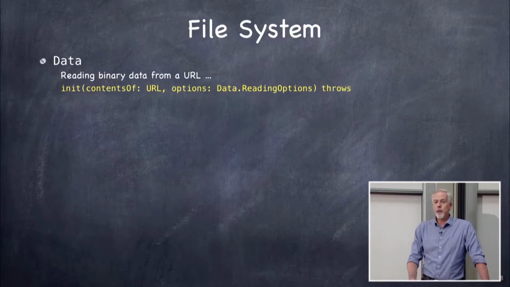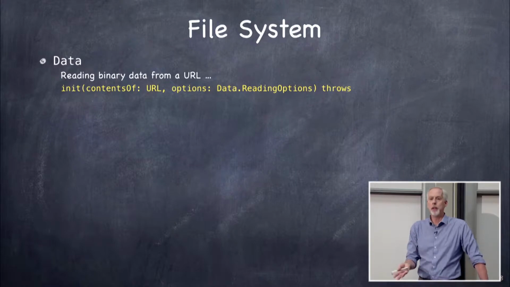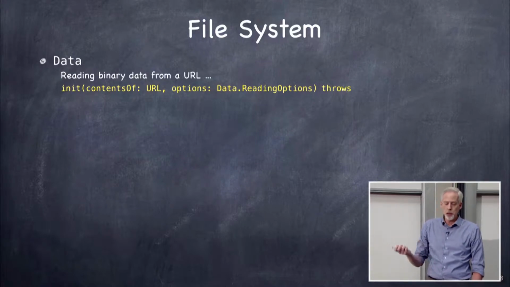How do you read and write files? We do that with data. Okay, and you've already seen this actually. We used data to read a file off the internet with an HTTP URL. Of course, you can do that with a file URL as well. We did not use the options when we did it because we will use default options, which you mostly will, but there are some read options you can go look at.